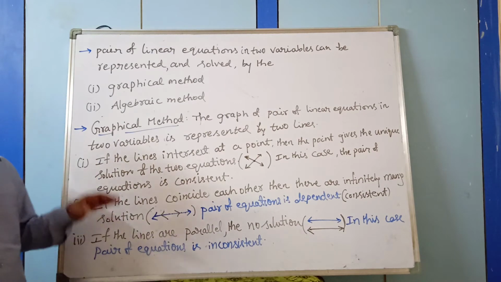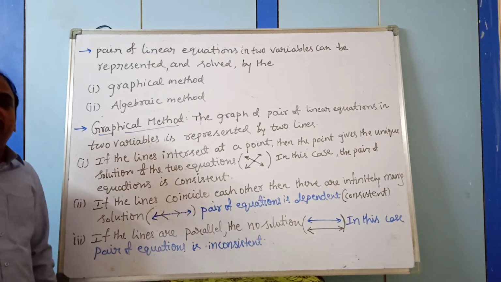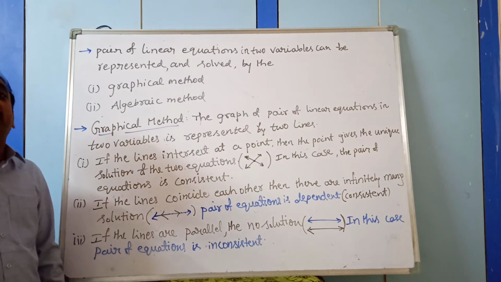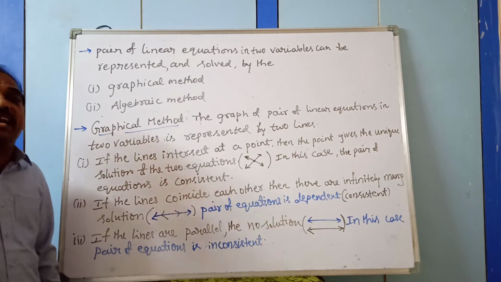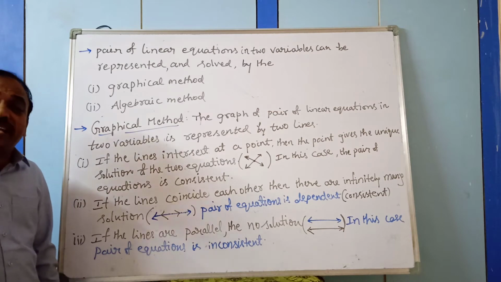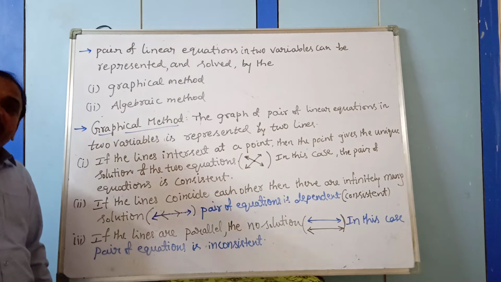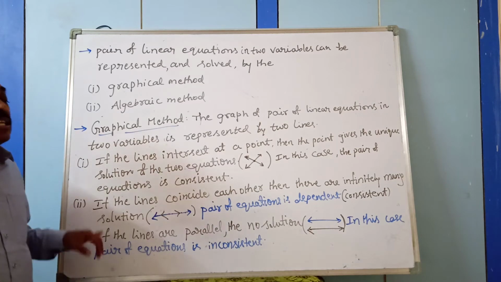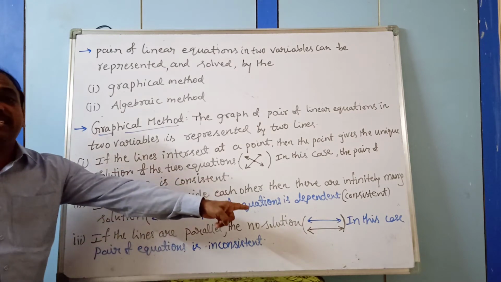Then if the lines coincide, when you plot the points of the two equations in the same graph, one will be overlapping the other, and we say the two lines are coincident. Then there are infinitely many solutions. Each and every point lying on that line is a solution. That's why it has infinitely many solutions, and they are dependent but consistent.